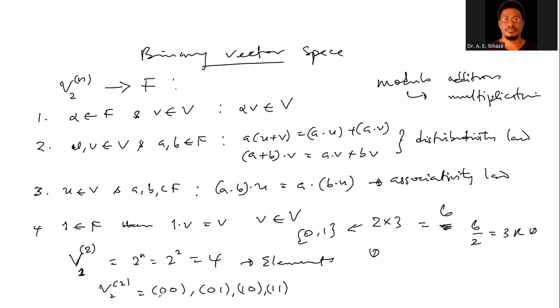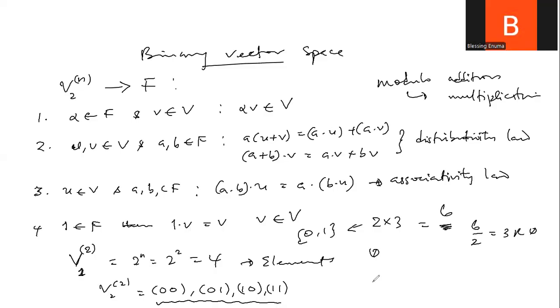These are the possible elements in this vector space, and should we decide to do mapping in terms of coding, these are the possible combinations we can use. Is that clear? Yes, sir.